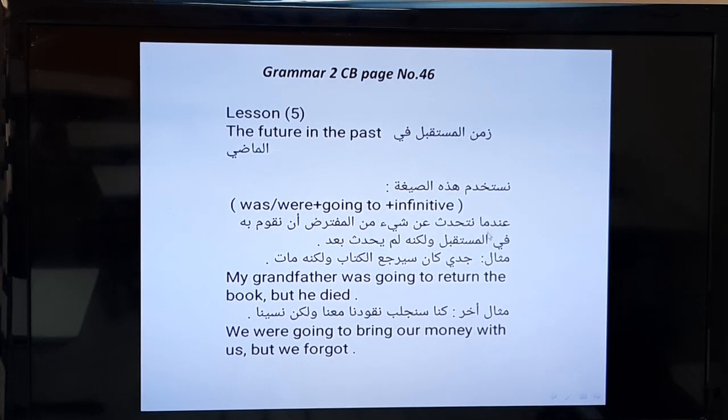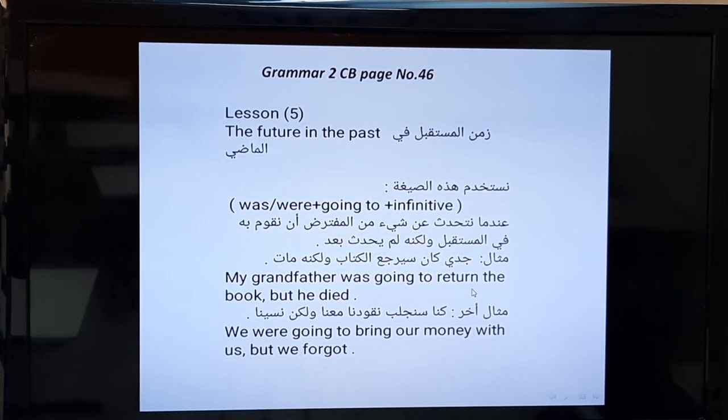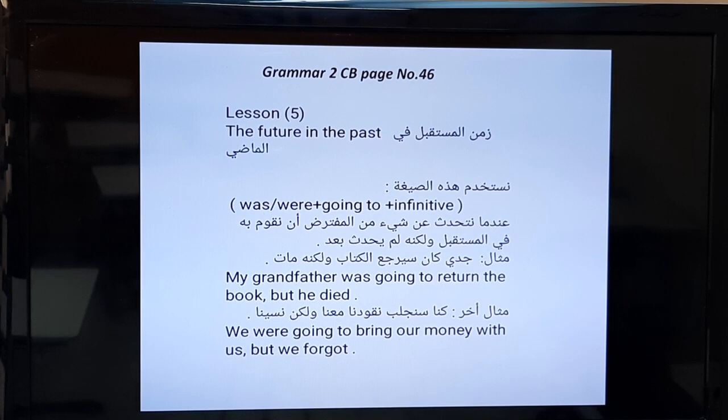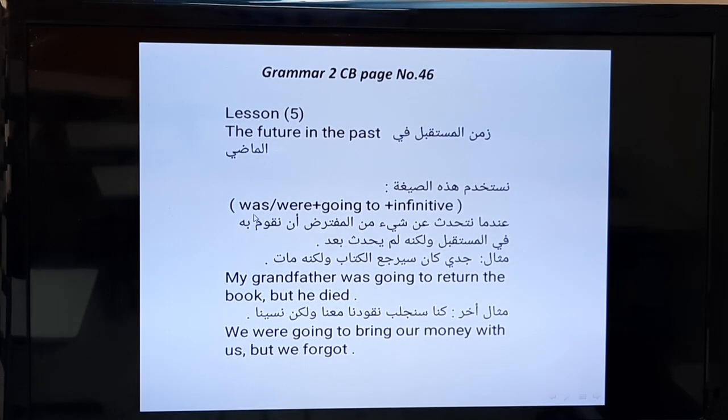We use that when we are talking about the past and sometimes we want to talk about something that was in the future at that time, something that had not happened yet. We can use was, were, plus going to, plus infinitive.